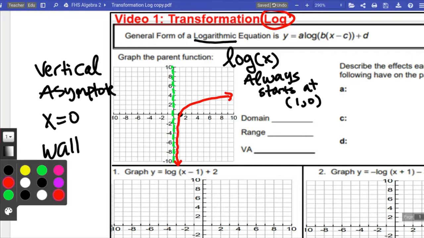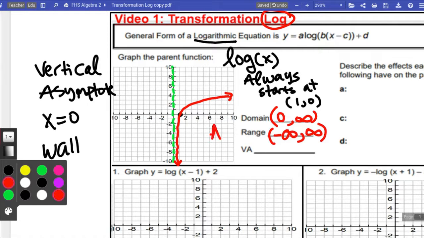All right, so let's start with the domain. The domain is the far left that it will not cross. It will have to be from 0. It will never cross 0. We get closer to 0. That's why I'm using parentheses: from 0 to infinity. The range starts at the bottom, negative infinity, all the way up to positive infinity.